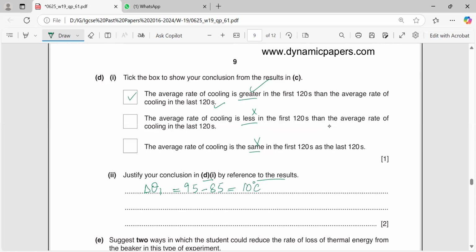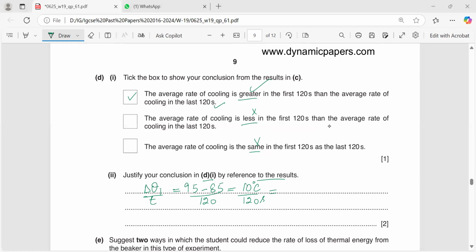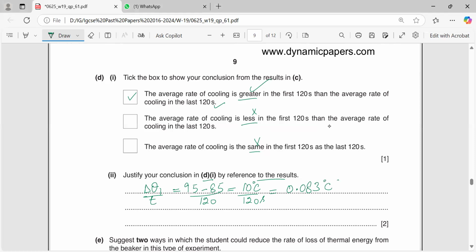This is the rate of cooling, so I can write delta theta 1 over T. It means over 120, so here you can also write 120 seconds. So the answer will be 10 divided by 120, which is 0.083 degrees Celsius per second, the fall of temperature.